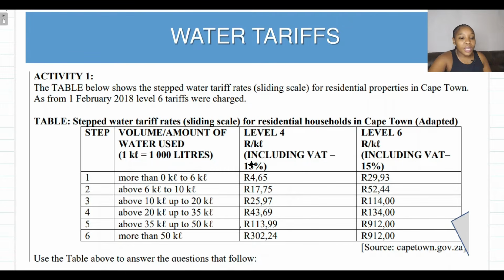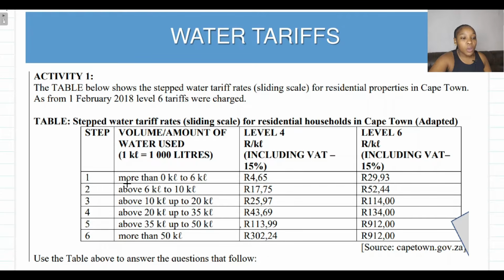We are told the level 4 tariff that is charged, so the rands per kiloliter, including the 15% VAT. We're also given the level 6 tariffs, which are the rands per kiloliter, and that also includes the 15% VAT.